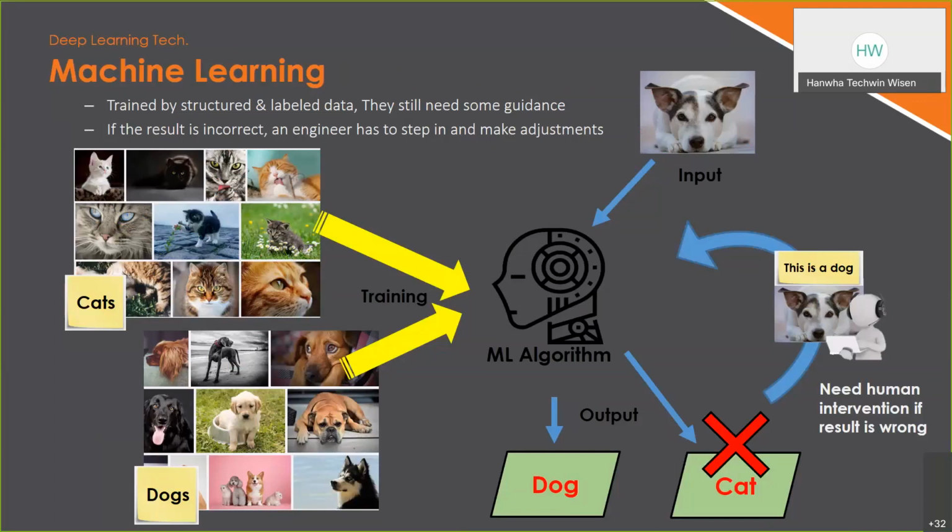If you input a photo of a dog, the output will be dog, of course, but if the output is a cat, which is wrong, in that case you need to correct this result, and then you need to train the algorithm again. So this is just a simple idea of machine learning.